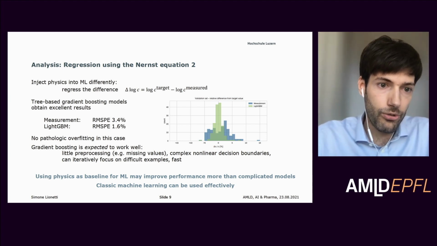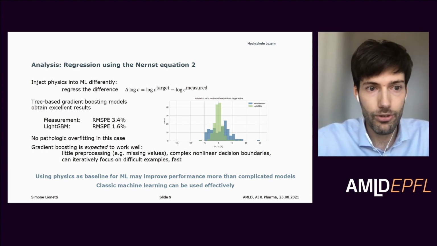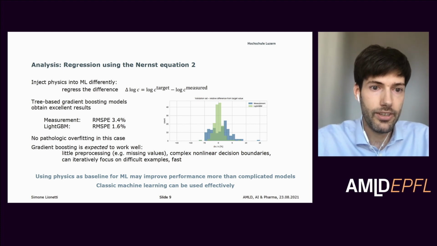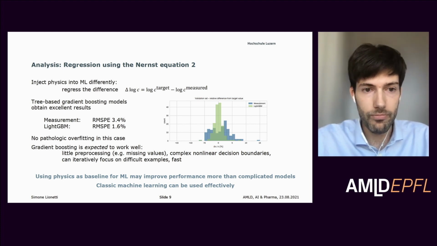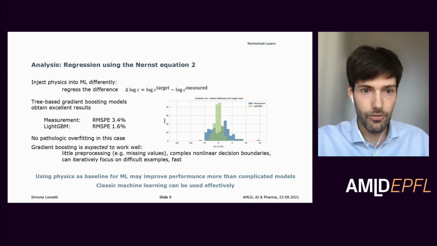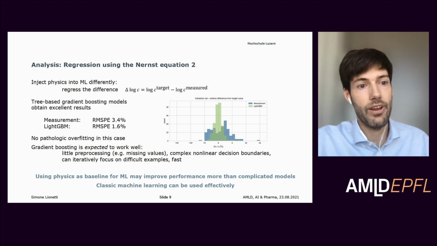Now, of course, we're not going to give up, and we try to inject the same knowledge from physics in machine learning in a different way. So we take, in this case, the target concentration value, the value that is measured from the standard procedure, and we take the difference between the two and we try to regress it.